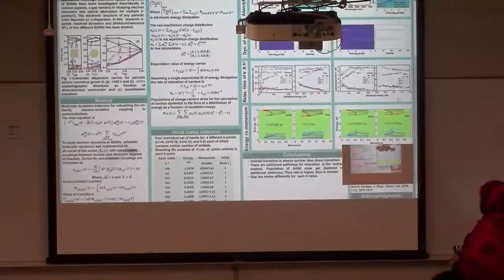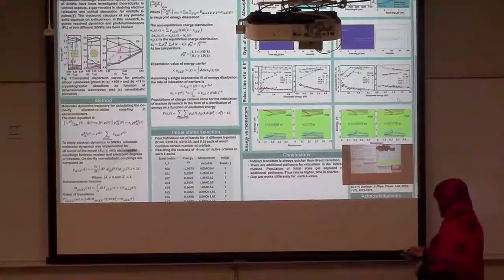The same thing happens here. This is for 10 states below HOMO and 10 states above LUMO. And this is 10 states for the highest oscillator strengths.